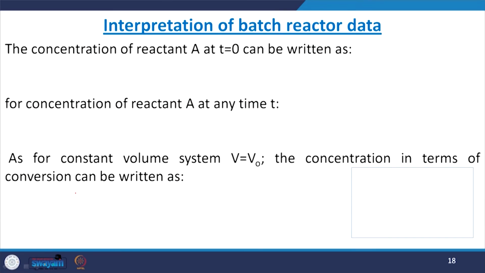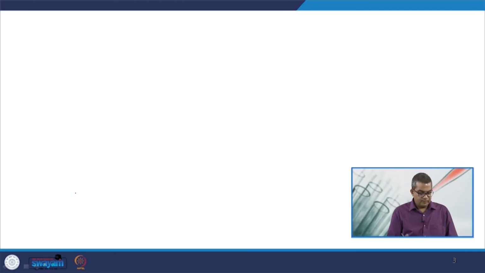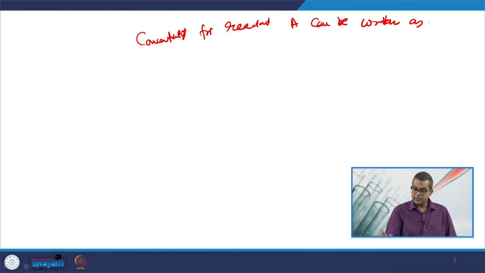So, the concentration of reactant A at t equal to 0, that is Ca naught, is equal to Na naught upon V naught.